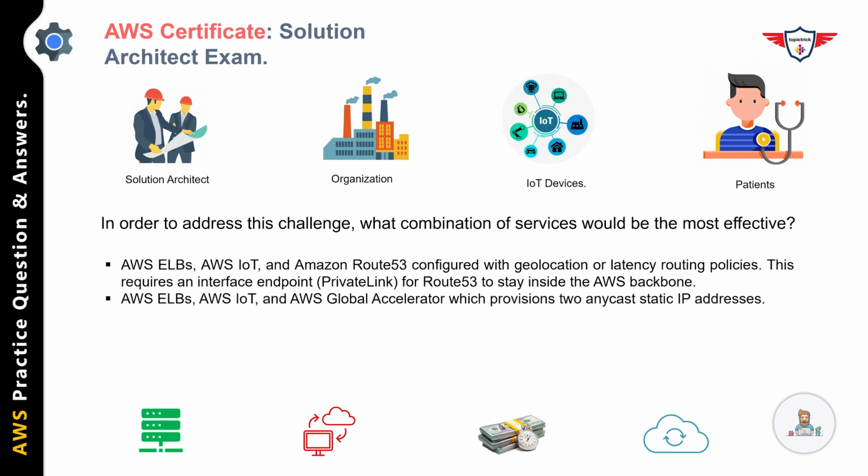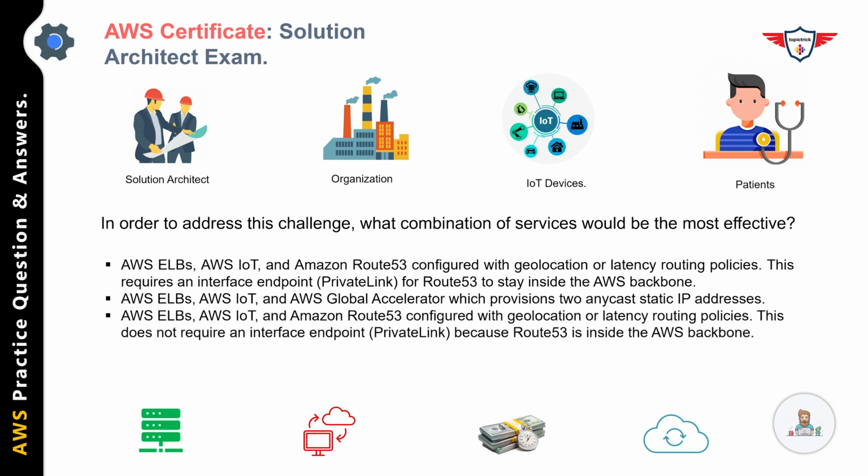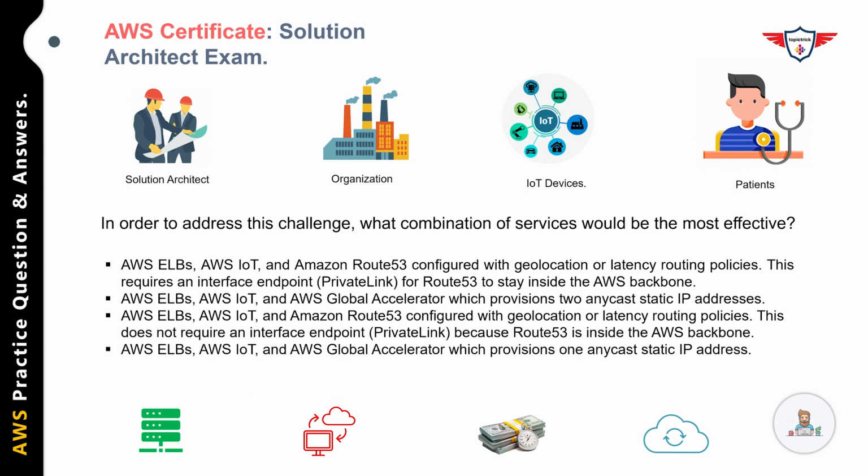Option 2, Elastic Load Balancer, AWS IoT, and AWS Global Accelerator, which provisions two Anycast static IP addresses. Option 3, Elastic Load Balancer, AWS IoT, and Amazon Route 53 configured with geolocation or latency routing policies. This does not require an interface endpoint, that is PrivateLink, because Route 53 is inside the AWS backbone.